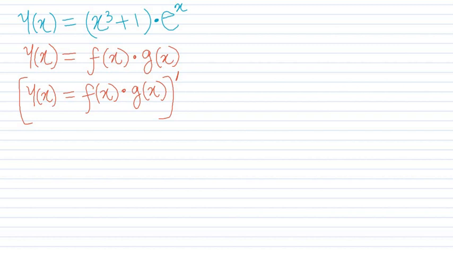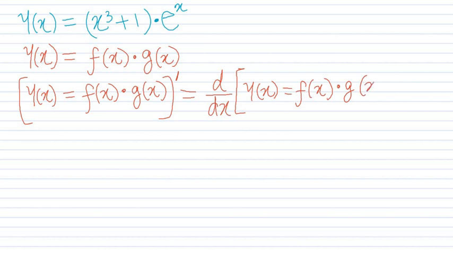If we put something as prime, it's the same thing as just saying we're going to differentiate the entire function with respect to the variable, and in this case the variable is x. So basically we can either do all of this in brackets prime, or we can do d dx of it and put the entire thing in a bracket.